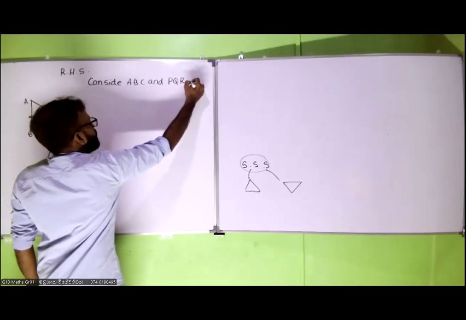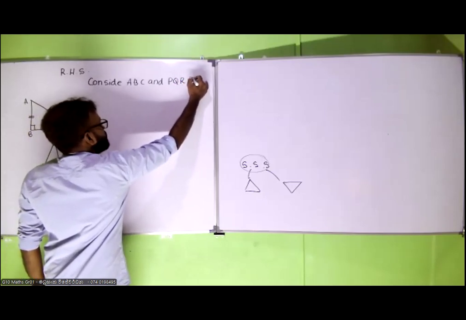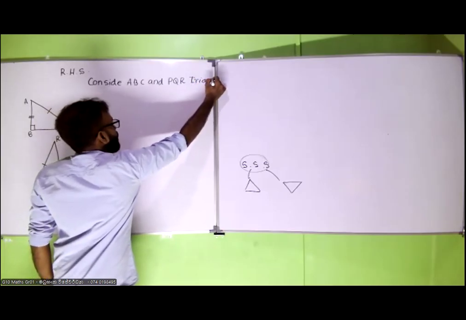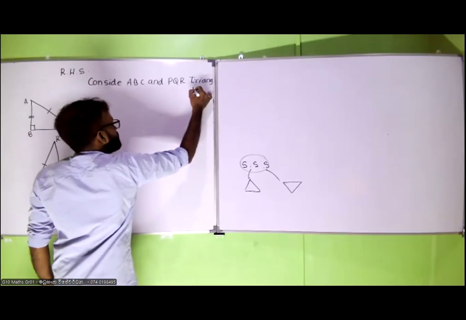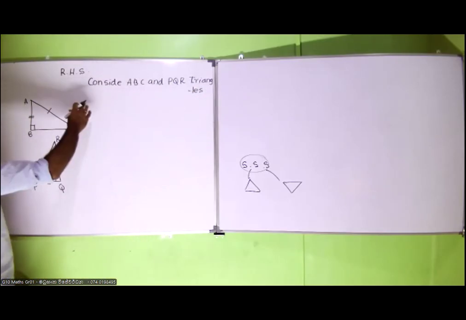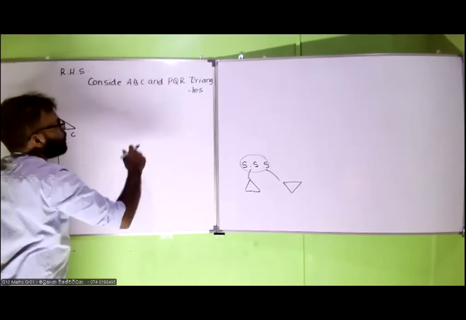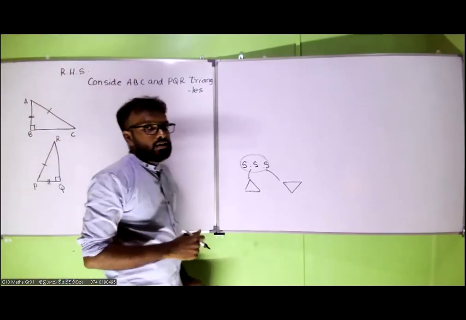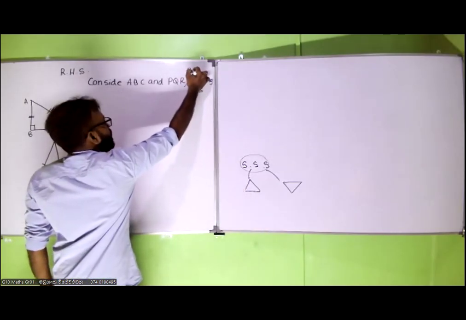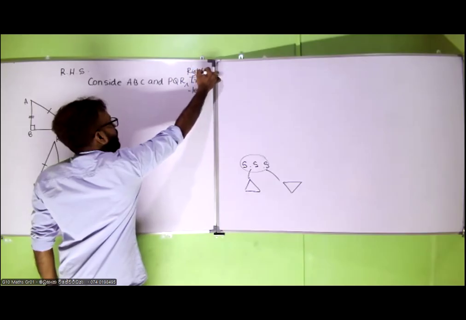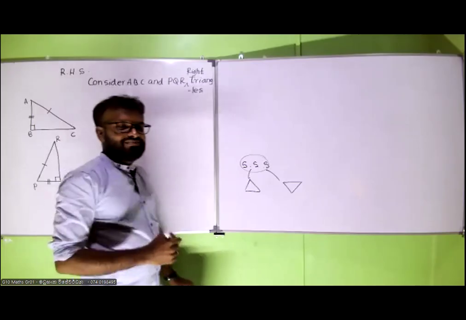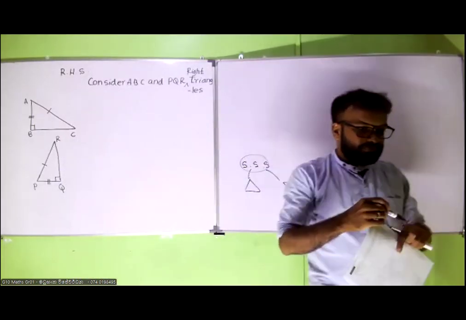Consider ABC and PQR triangles, or you can say right angle triangles.